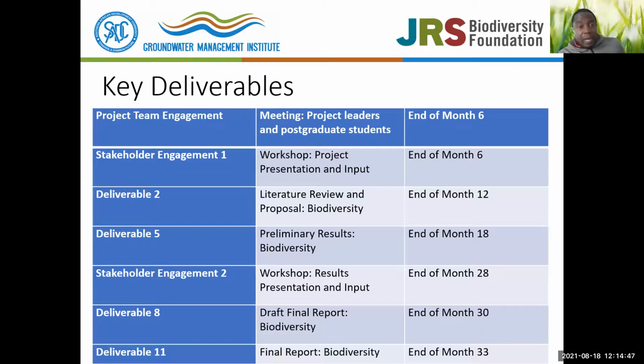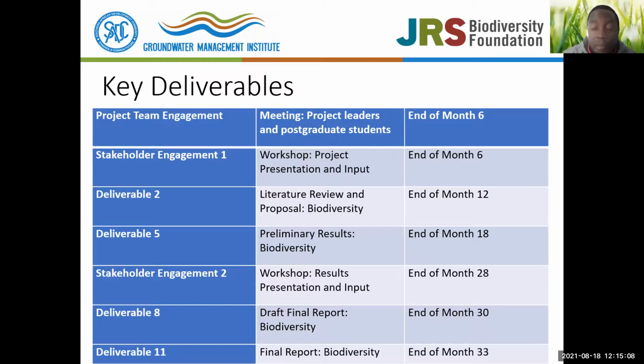So there are some key deliverables. 2 of them have already been done, which were the literature review and the proposal for the biodiversity component, which was submitted early this month to JRS.